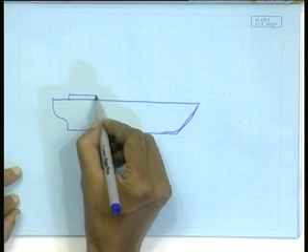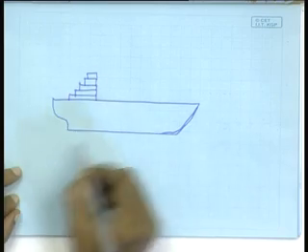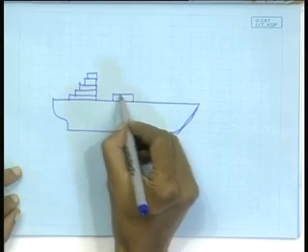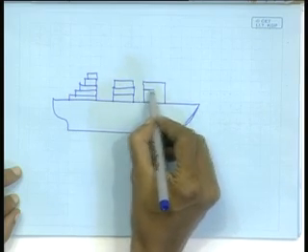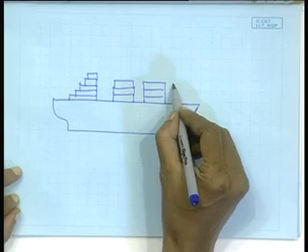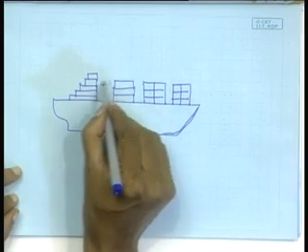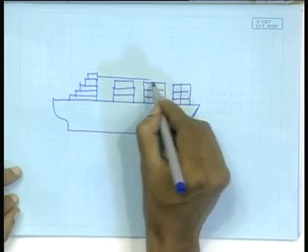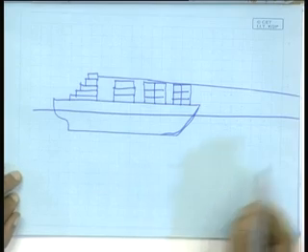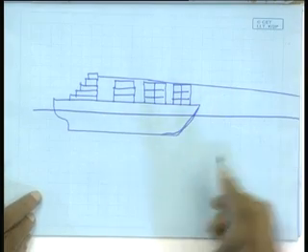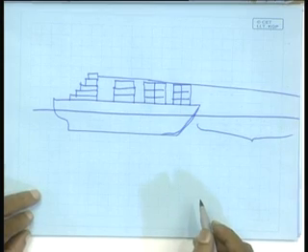Suppose, for example, this is my wheelhouse, and you have containers stacked like this, right. Then what is happening: your line of sight is becoming like this, your water level is somewhere here. So, you can see it is going much beyond. So, this place is becoming the blind zone.